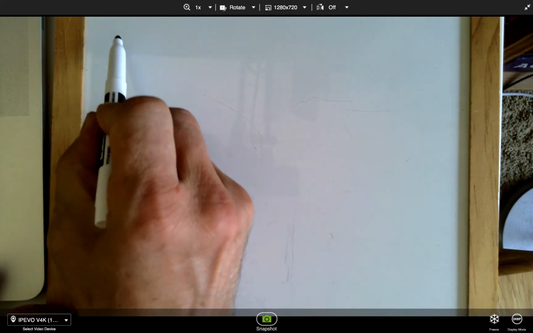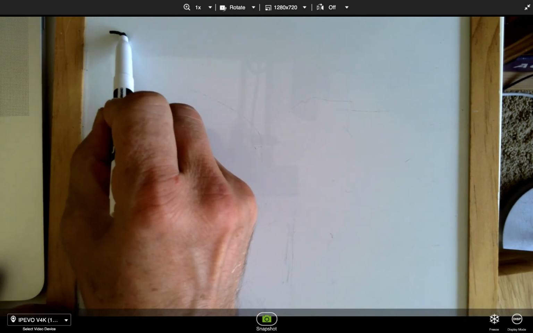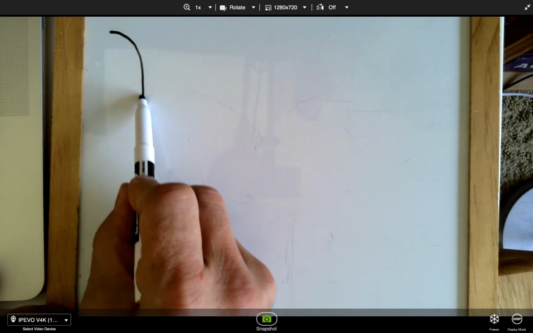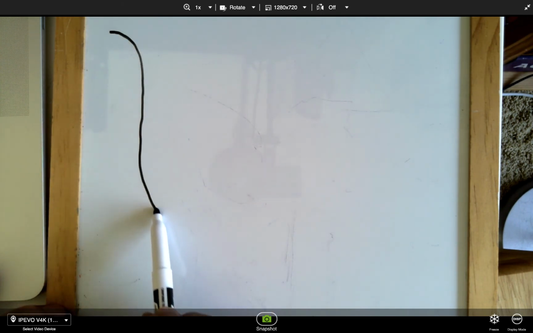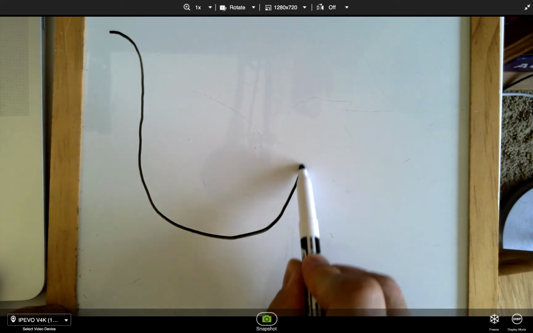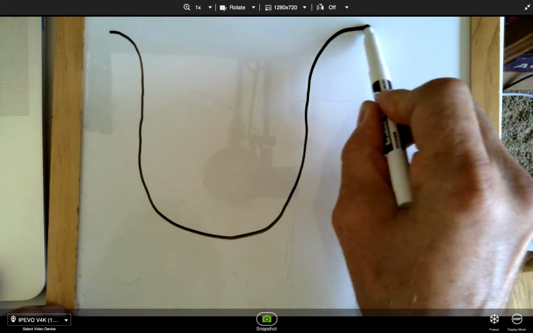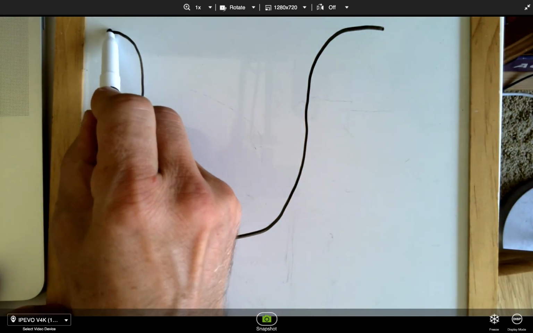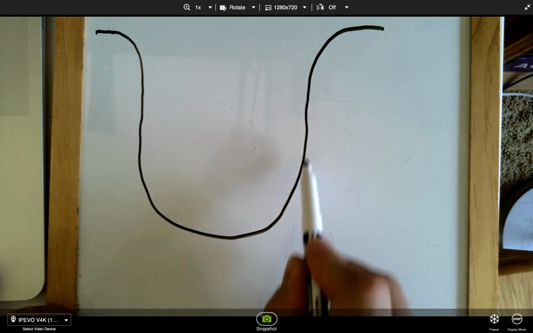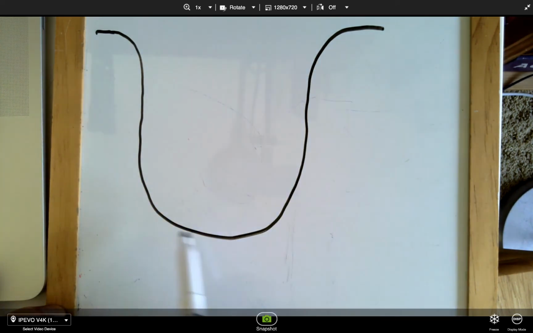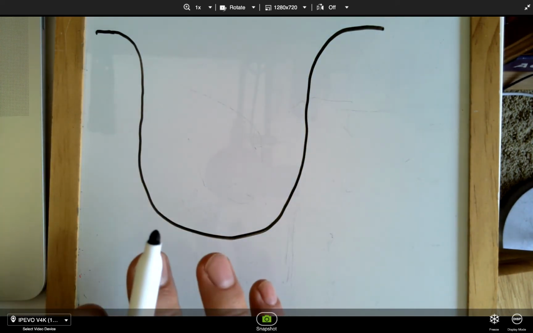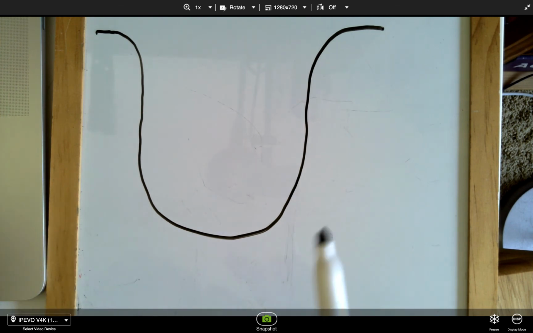So let's say we have a protein, and that protein is a string of amino acids. And here's a fold. This protein is folding in a very specific way, and the reason it's folding like this is because it's accommodating a very specific ionic interaction.